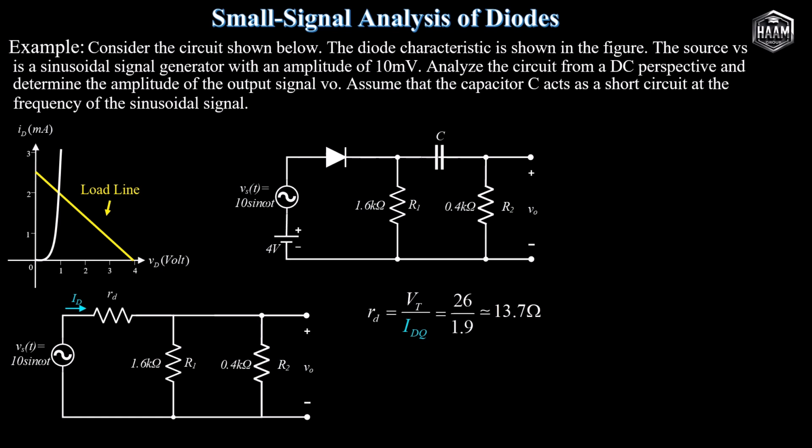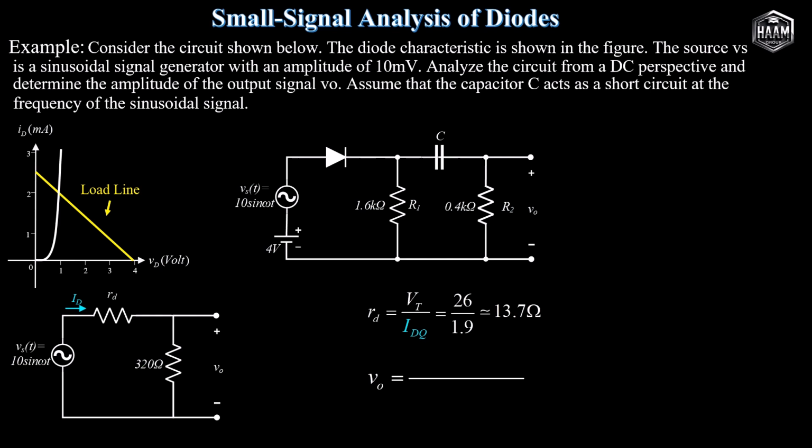Calculating their parallel equivalent resistance yields 0.32 kilo ohms or 320 ohms. Applying the voltage divider rule to determine output voltage V out, we obtain this.